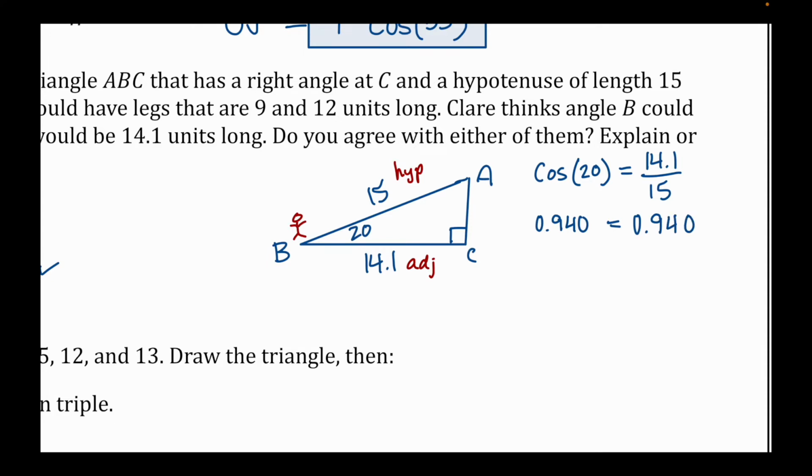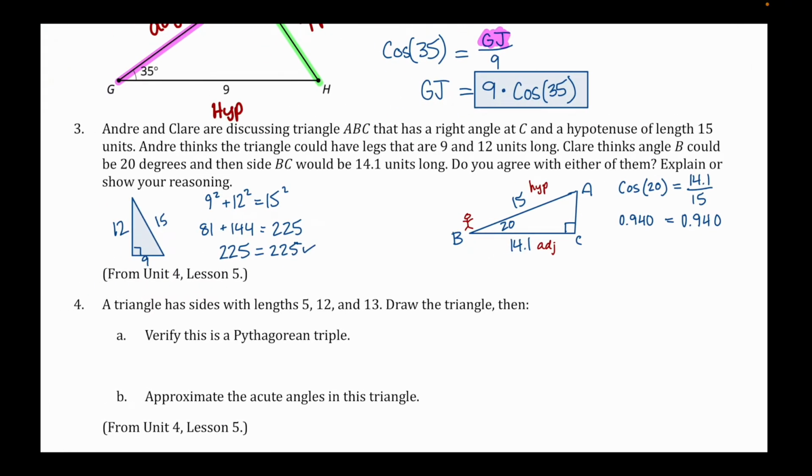And then the rest would be zeros. So I agree with both. So I'm going to say both could be correct. We would need to know more information about the triangle to know which one it needs to be.